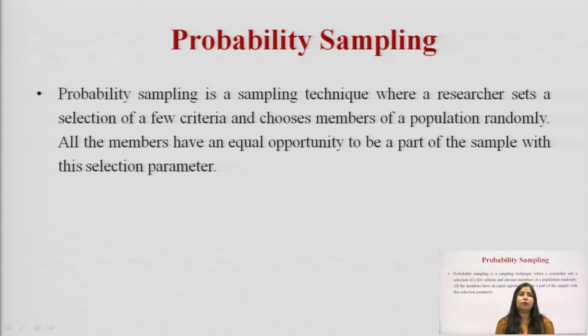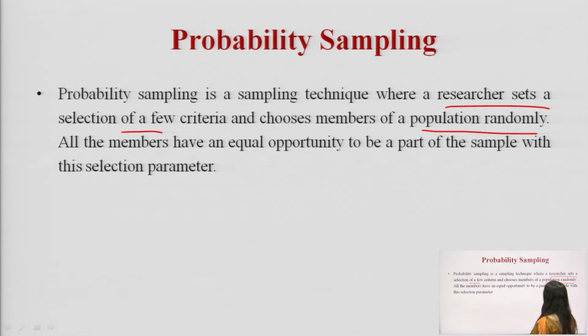So what is probability sampling? Probability sampling is a sampling technique where researchers set a few selection criteria and choose members of the population randomly. Here we have made certain criteria on which we are going to select our sample randomly.